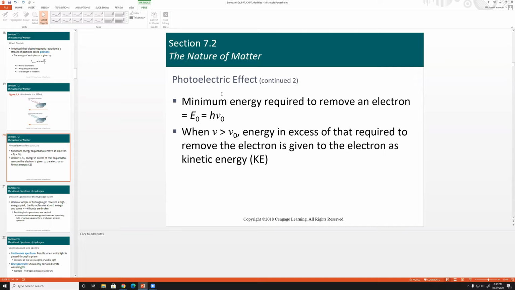So this threshold point, that's exactly what it is. It's a threshold. The threshold frequency of the metal times Planck's constant equals the threshold energy needed to remove that electron. Anything above this will remove the electron. Anything below this will not.